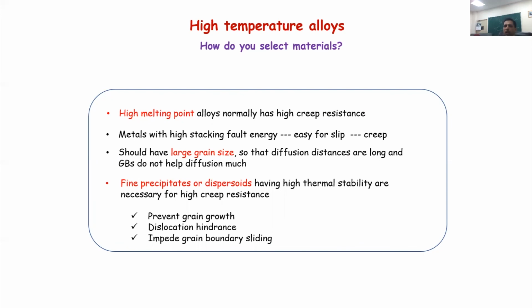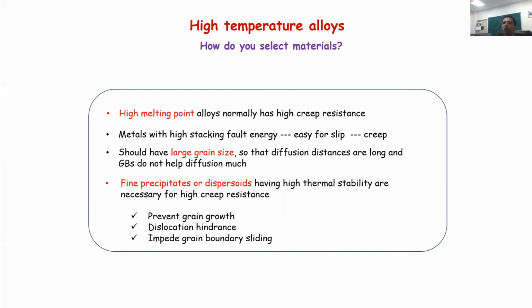So some of the things that we can predict or list out based on our understanding of materials and also our understanding of the creep that we have discussed are as follows. High melting point. What we need is high melting alloys, which usually have high creep resistance.